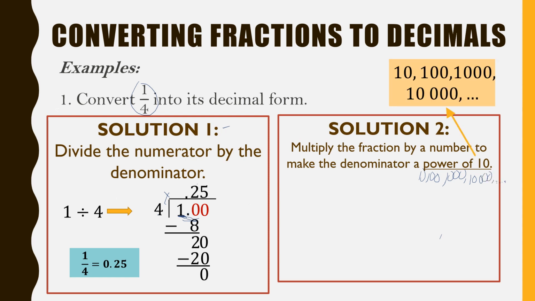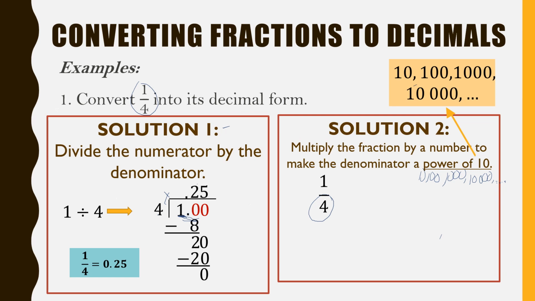So we have here, yes, those are the powers of 10. Okay, so let us write again our given. We have 1/4. And then can you think of a number which we could multiply with 4 to come up with either 10, 100, 1000? Can you think of a number?